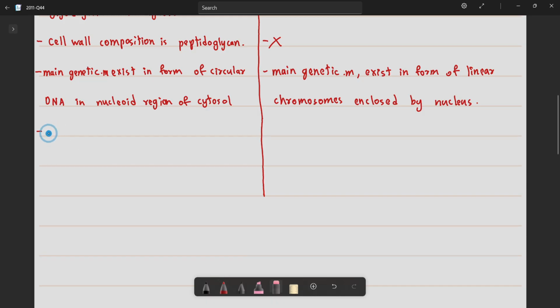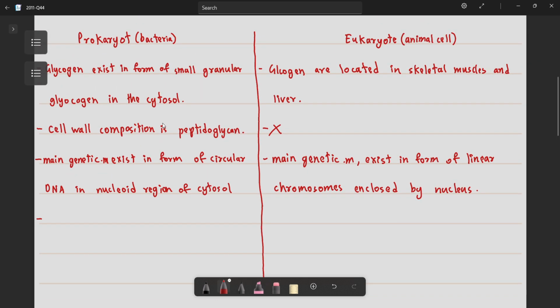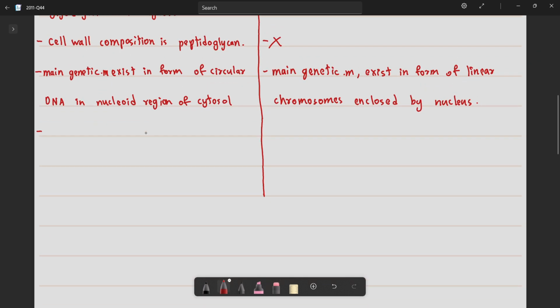If you're talking about the ribosome in the prokaryotic organism, it exists in form of 70S ribosome. In the ribosome, we have things called subunits: one large subunit and one small subunit, which enclose around the mRNA like that.